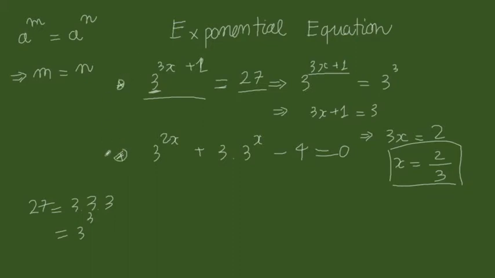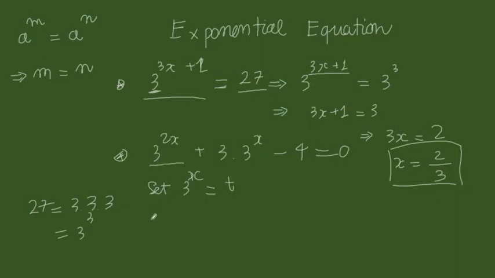Okay, I will give you a hint about the second one. Maybe you have watched my previous videos, which always talked about the quadratic equation, and in this equation I will change the exponential equation into a quadratic equation. Okay, let's start. I will set the substitution 3 power x equal to t.